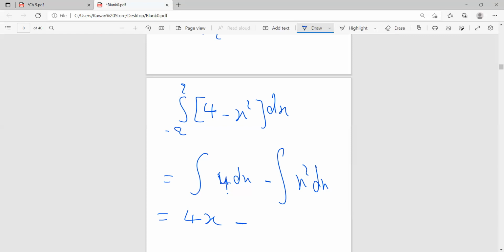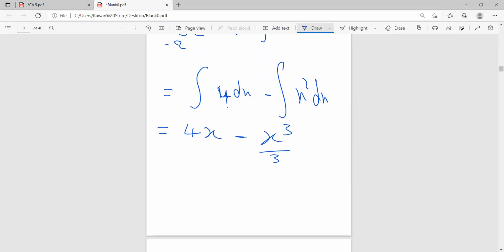Understood? Correct? Careful. Shall I say plus C or not? Why? Because you have a boundary. Where's the boundary? Here's the boundary. Am I right? Question?